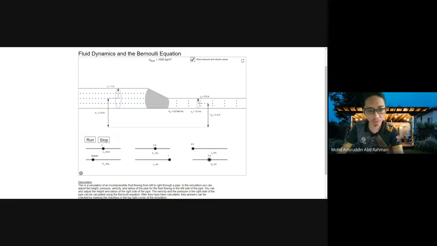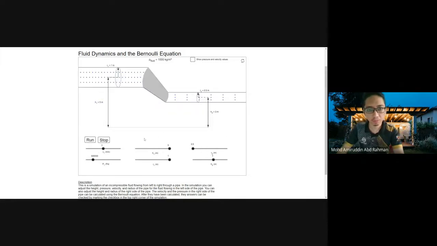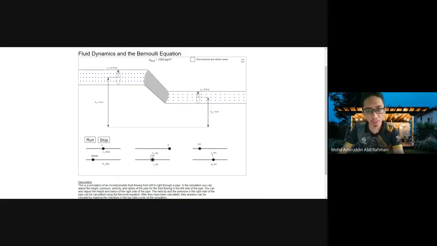Adjust the radius of the pipe. So this is the radius of the pipe, this is for the left one and this one for the right one.